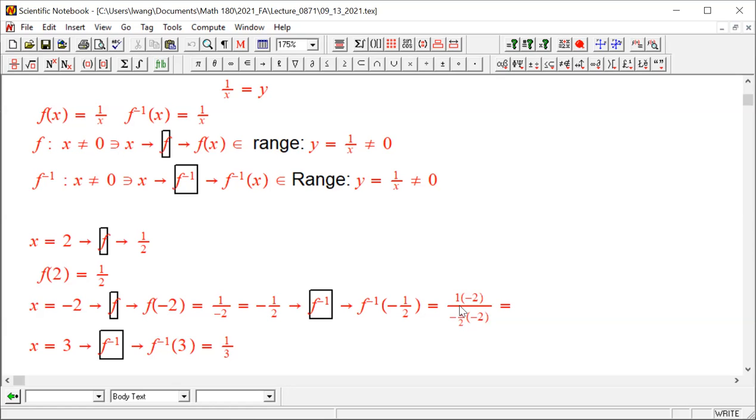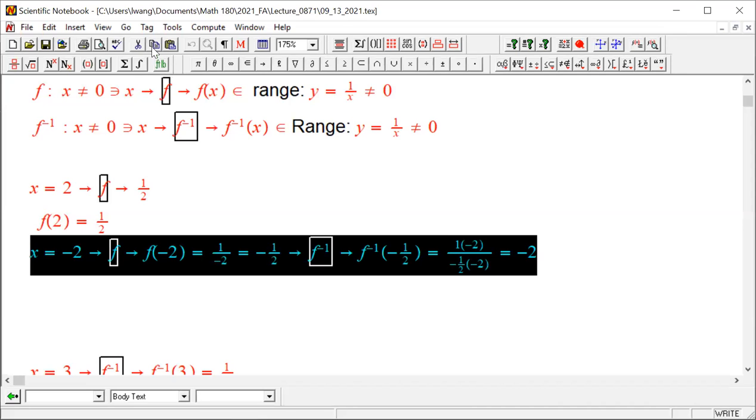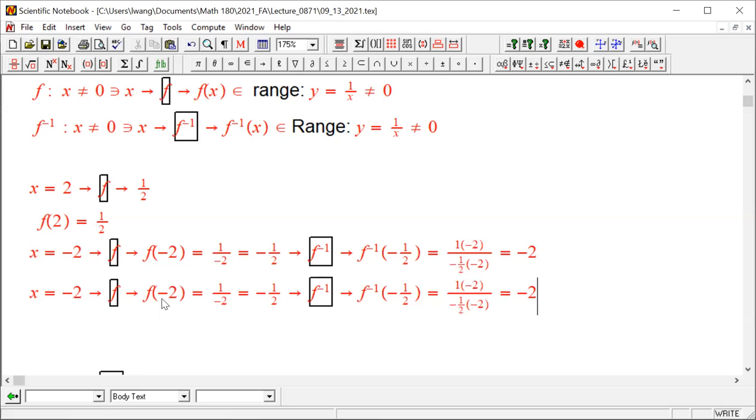Multiply the numerator and denominator by -2. 1 times -2 is -2. -12 times -2 is 1. So the final answer is -2. Look at this. The input is -2, goes through F. Right, so let's cut off some of these little details. -2 as the input going into F produces F of -2, which is -12.